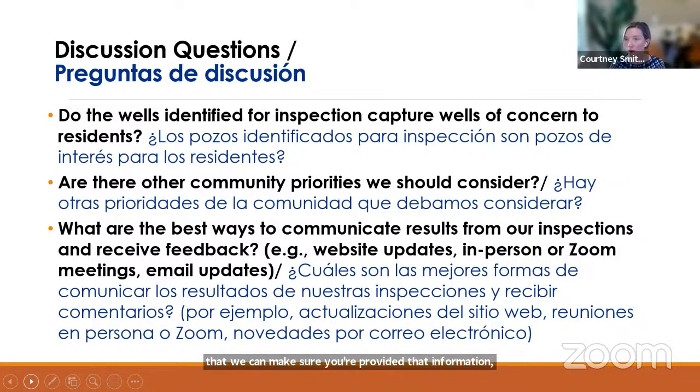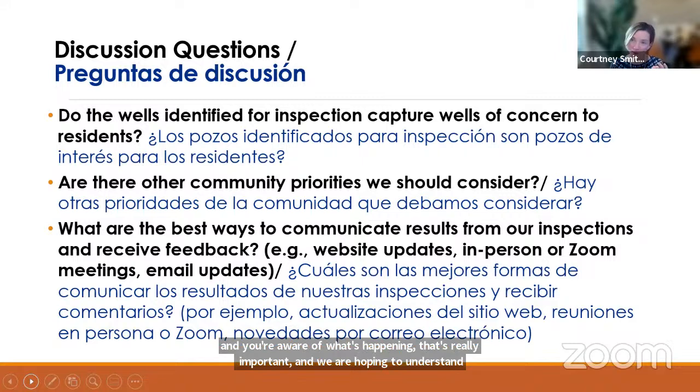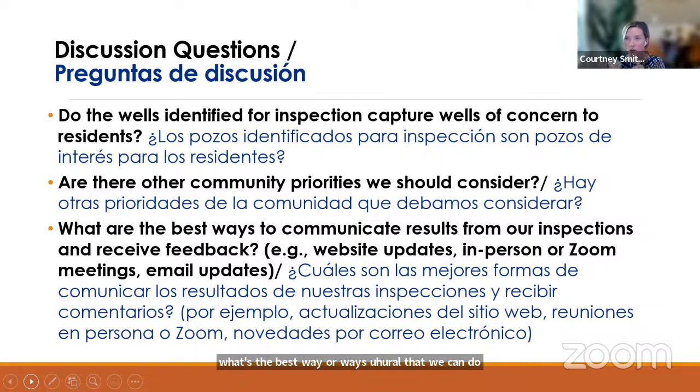That's really important, and we are hoping to understand what's the best way or ways, plural, that we can do that. Matt laid out a couple of options. With the wells leaking last year, we did quite a lot of frequent website updates, so that way it was there and we were able to update it oftentimes in real time. We could also have meetings, where we set a meeting and tell you what we did, or we could do an email update. Would love to hear your thoughts on what would work best for you.